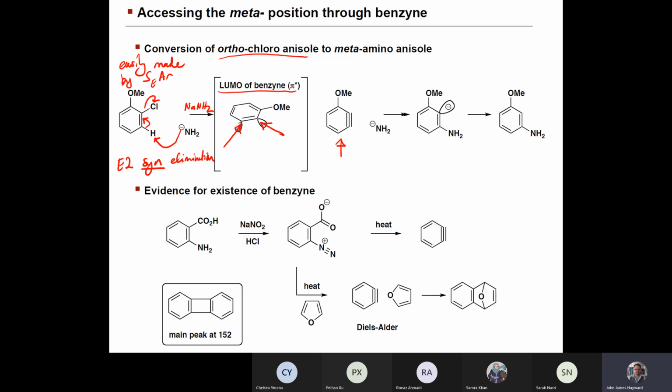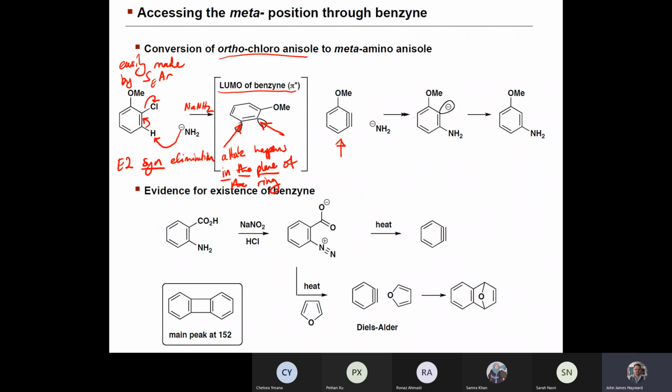But the key thing here is that attack happens in the plane of the ring. Okay, it's not above the ring or below the ring like you see in electrophilic aromatic substitution or nucleophilic aromatic substitution.